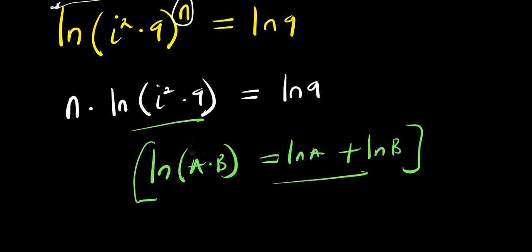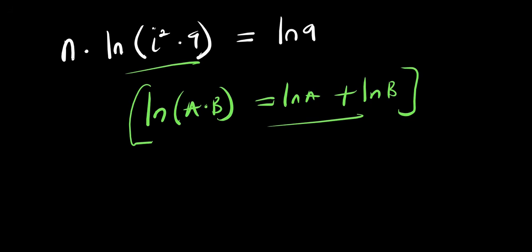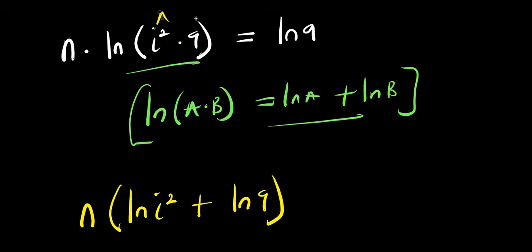Apply this right here. So what we are going to have will be n times natural log of i power 2 plus natural log of 9, because this is assumed to be our a, this is b. We then apply this identity, and this equals natural log of 9.